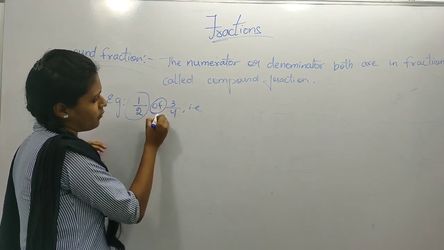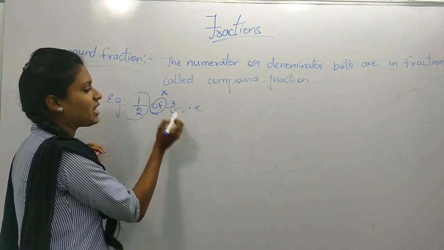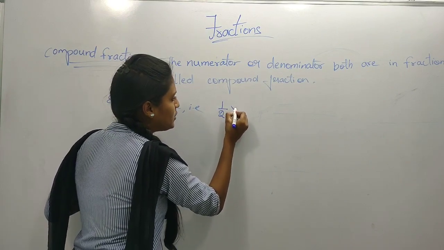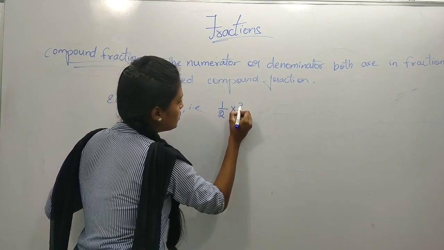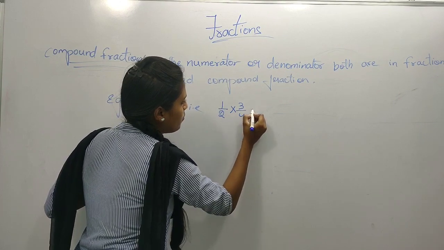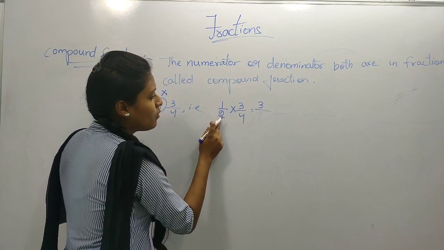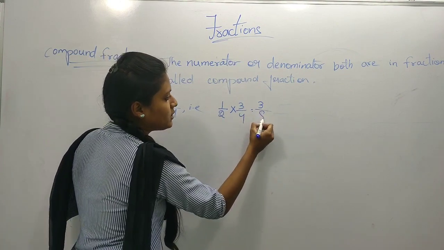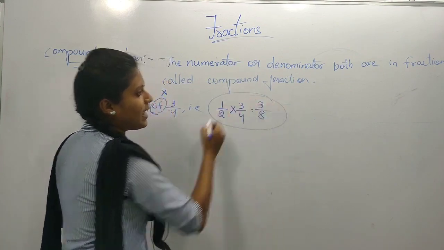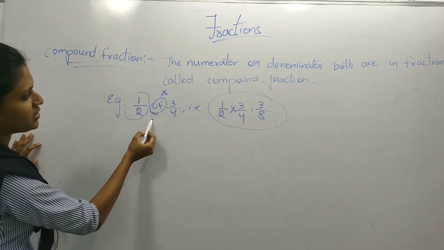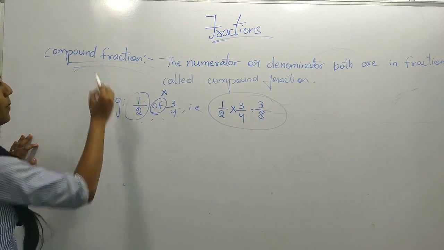Here it is given 'of', which means multiplication. Then we take 1 by 2 into 3 by 4. By multiplying, 1 times 3 is 3, and 2 times 4 is 8. We get 3 by 8. Both the numerator and the denominator are fractions, so it is called a compound fraction.